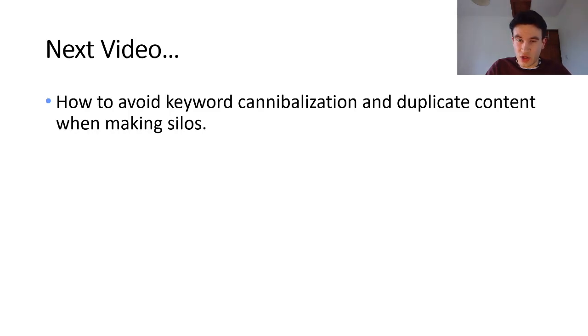Please subscribe to the channel so you don't miss it, and if you're watching this in the future, it'll just be the next video on my channel. I'm going to be talking about how you can avoid keyword cannibalization and duplicate content when making your silos, which is a really key thing to be aware of.